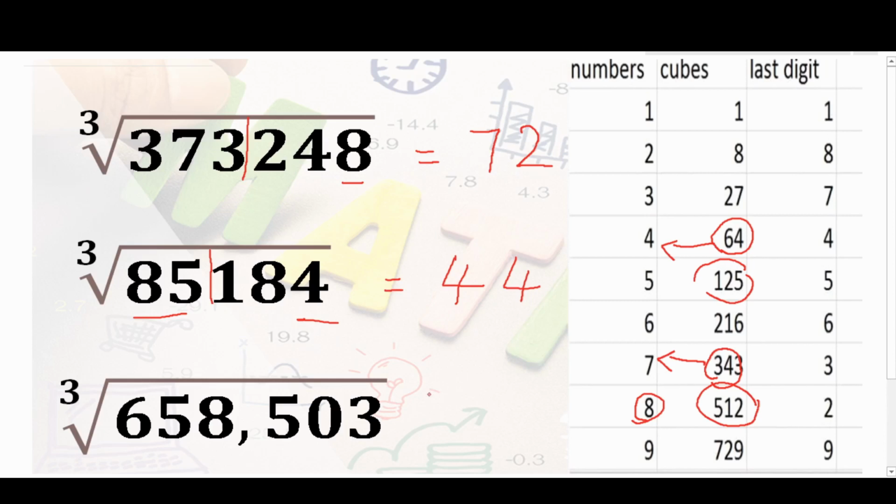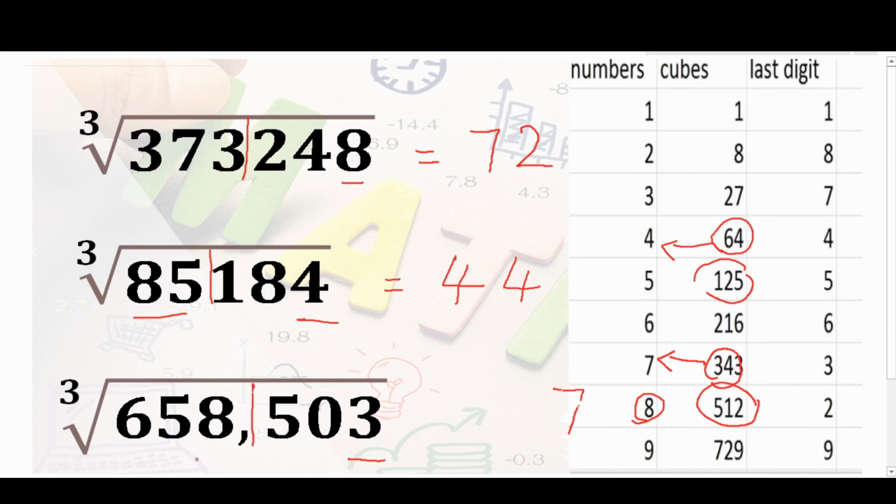Let's go for the last problem. We need to find the cube root of 6,58,503. See what you have in its unit digit. You have 3. If you have 3, what should I mention? Mention the units place as 7. Discard the last 3 digits.